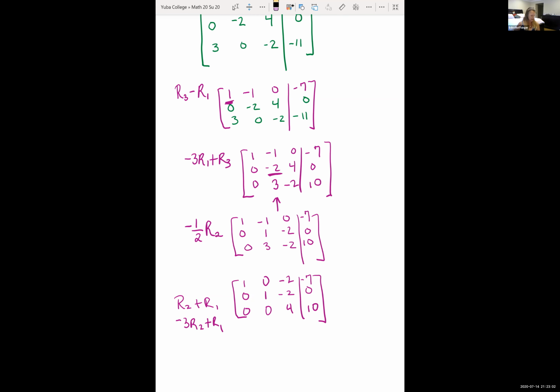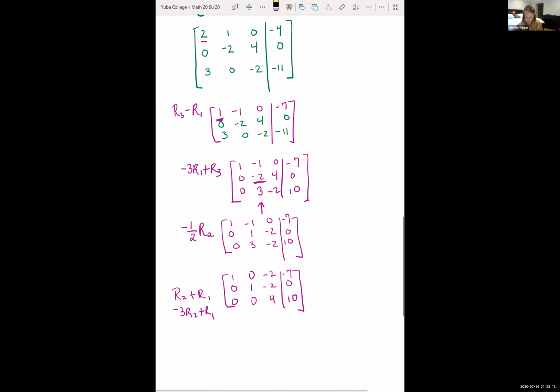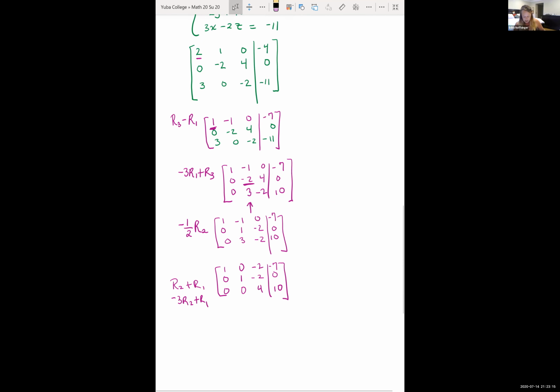Thought this was supposed to be inconsistent. Nothing has canceled. This doesn't look like it's inconsistent.